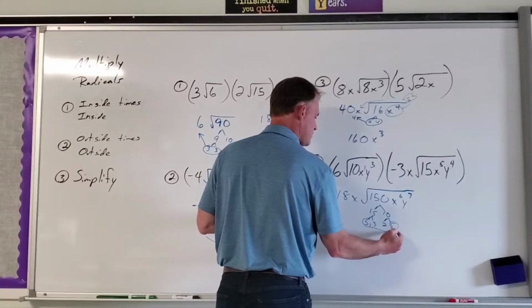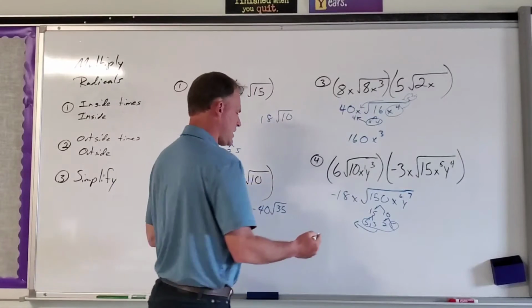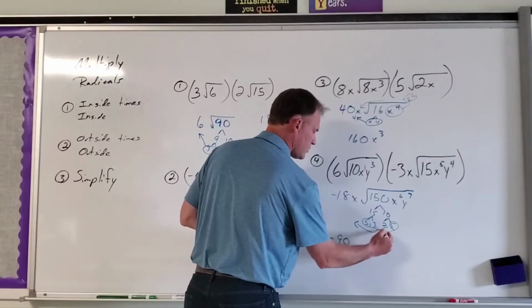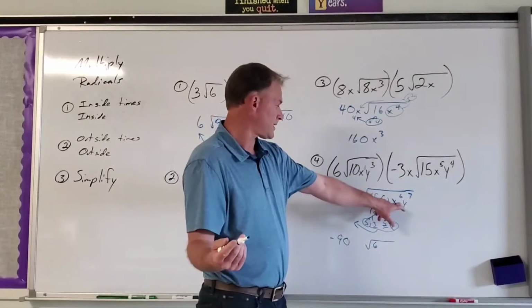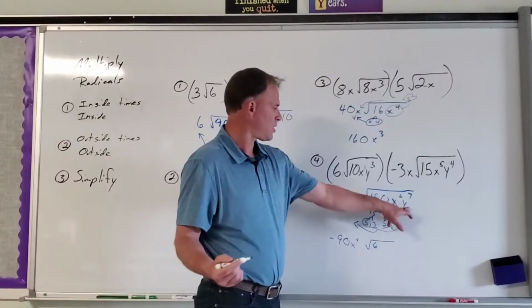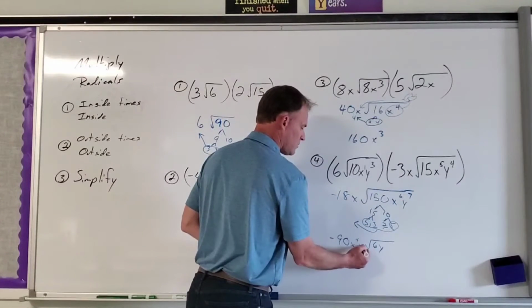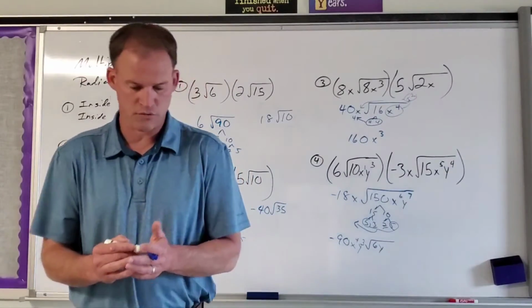So my 5s are getting out. Times the 18 it's already out there gives me negative 90. 3 and 2 stay in, gives me 6. Now let's work on those variables. That's x to the third outside, gives me x to the fourth. Leave one y in, half gives me y to the third. There is your final answer.